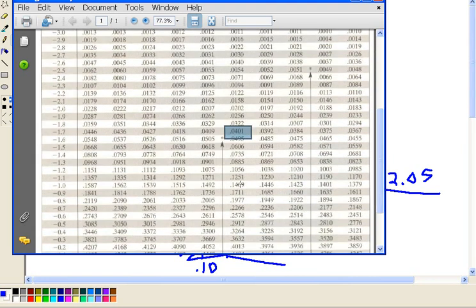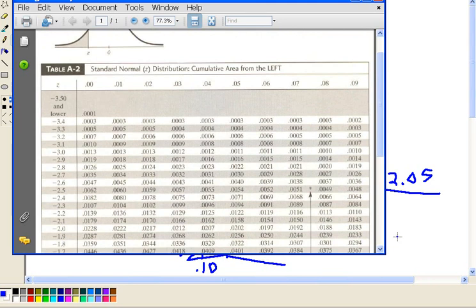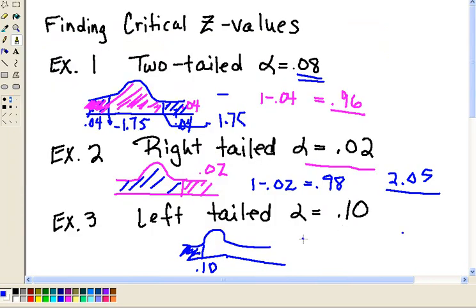Looking, I see I have a 0.1033. Looking to the left for my first two digits, it's a minus 1.2, and looking at the top for my third digit, 8. So my critical value here is minus 1.28.